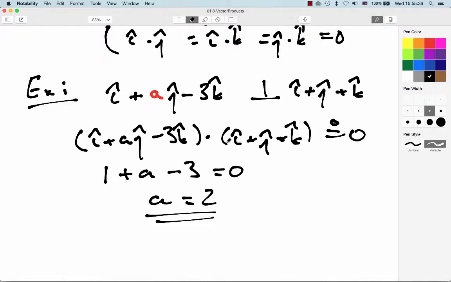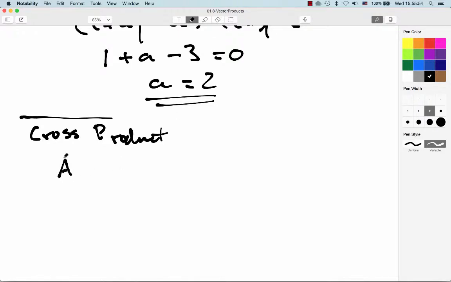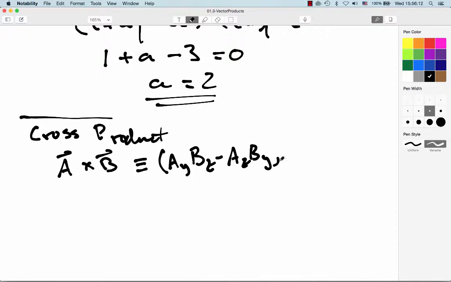Okay, there's also another type of vector product. This one actually gets called the vector product, or more commonly, the cross product. Its definition gets a little trickier. So A cross B, that's usually how you read it, is defined to be: the x component is AyBz minus AzBy.